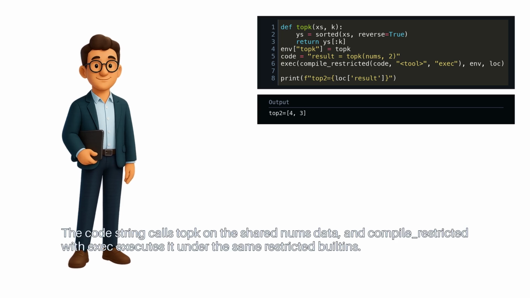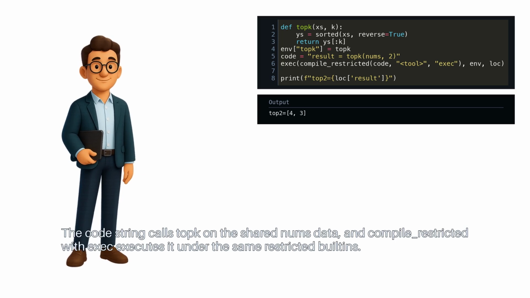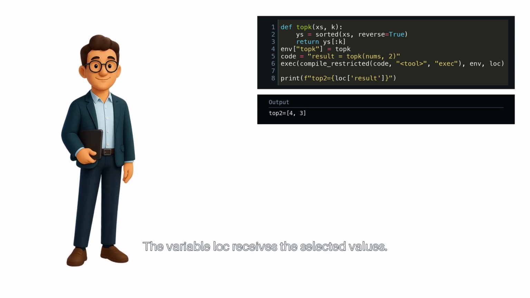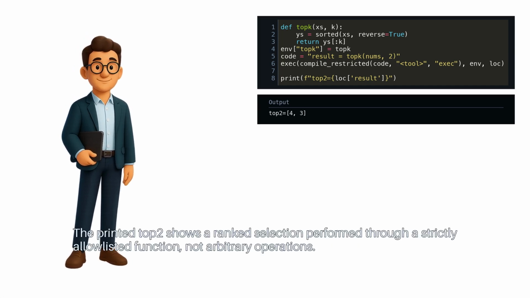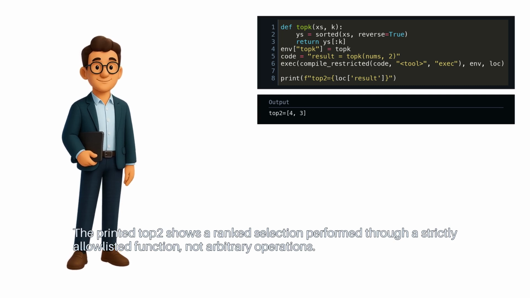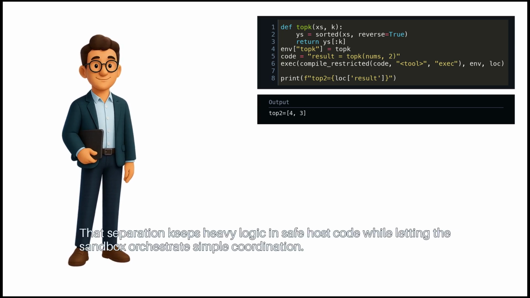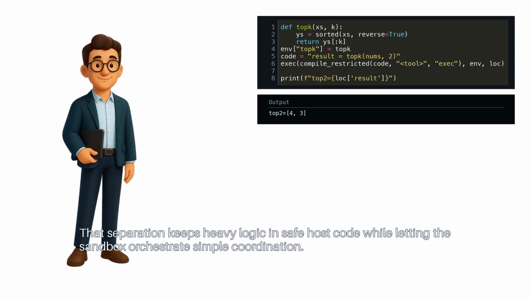The code string calls topk on the shared nums data, and compile_restricted with exec executes it under the same restricted built-ins. The variable loc receives the selected values. The printed top2 shows a ranked selection performed through a strictly allowlisted function, not arbitrary operations. That separation keeps heavy logic in safe host code while letting the sandbox orchestrate simple coordination.